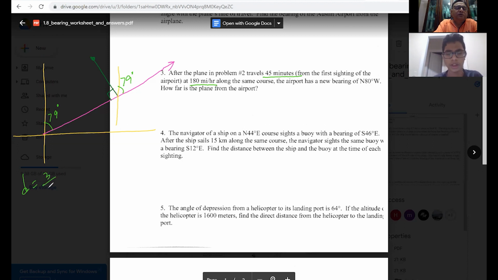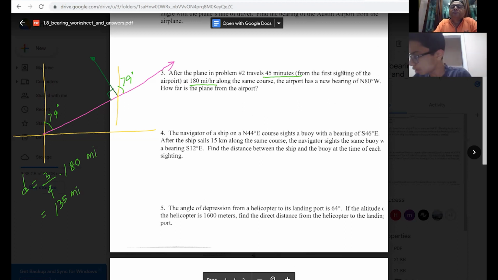So 3/4 of 180. Is it clear? Multiply and then get your answer. 45 times 180 over 60. How much do you get? You get 135 as your distance.